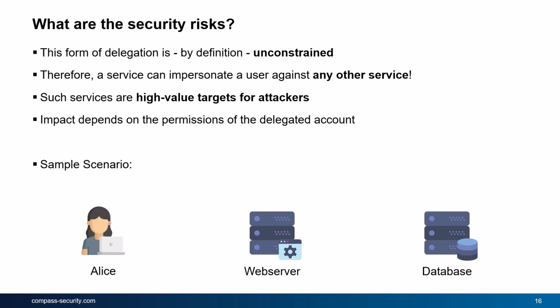So in a sample scenario, if we have again Alice connecting to our web server, in the regular, intended scenario the web server can impersonate or act as Alice against the database.